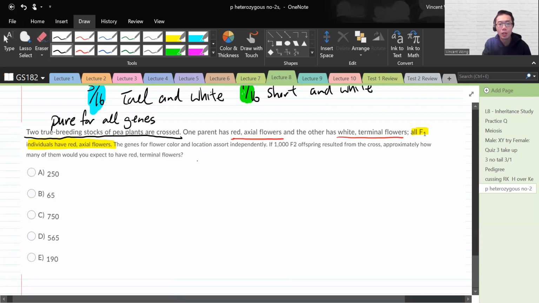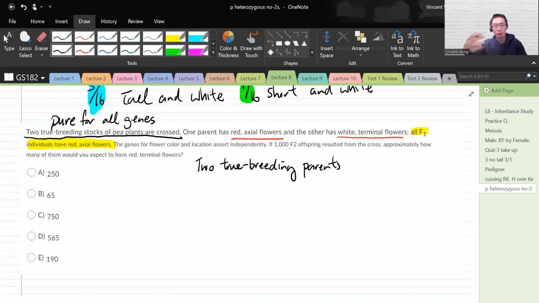Again, true breeding parents, plants or people or animals, are pure, homozygous for all the genes.